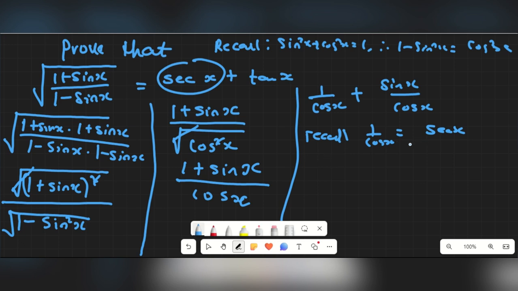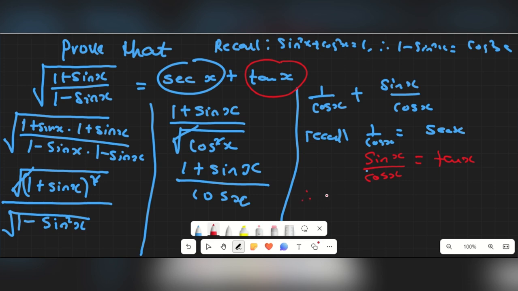And then sine x over cos x equals what? Tan x, which is this.